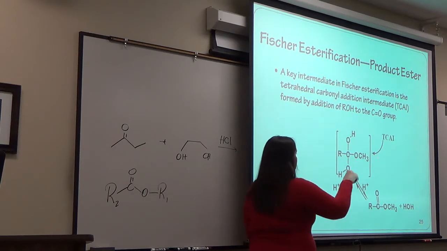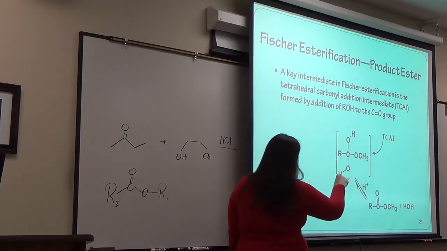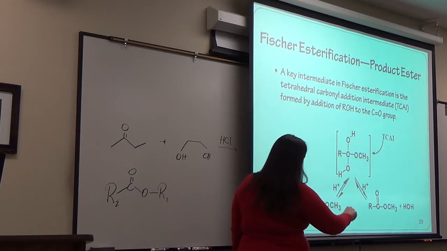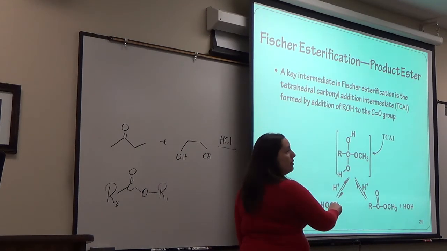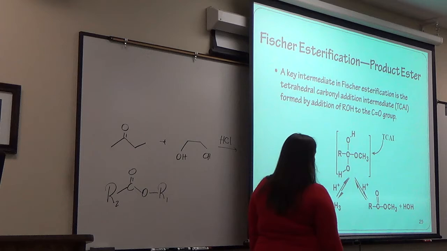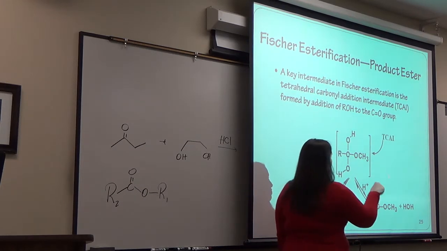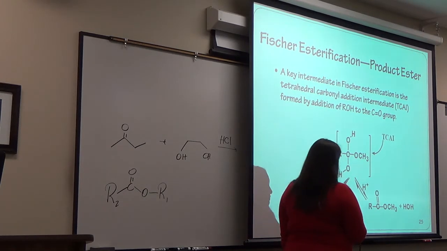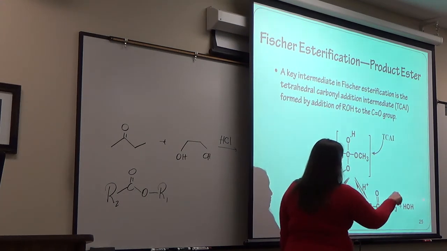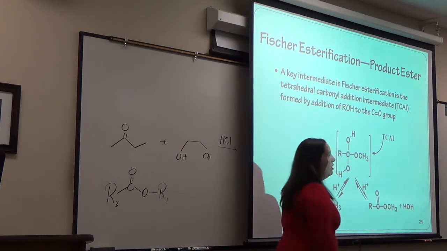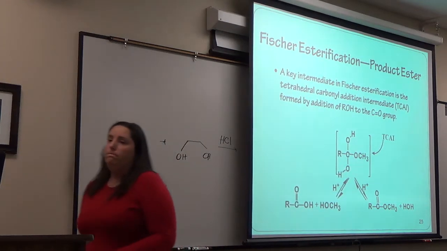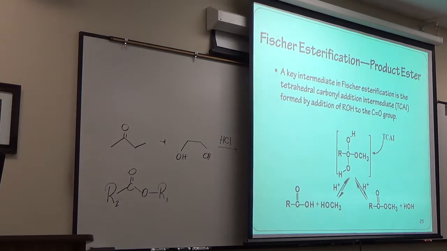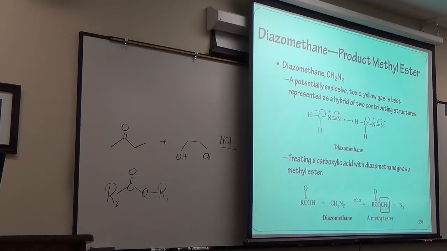And so you get that tetrahedral, with this R, the OH, and what you're adding new. Does that make sense? So that's your tetrahedral. And then all you would need to do is remove a hydrogen from here as a final step, so deprotonation at the end. And, of course, that would give you the water. So that's the mechanism, or the intermediate at the center of this mechanism.